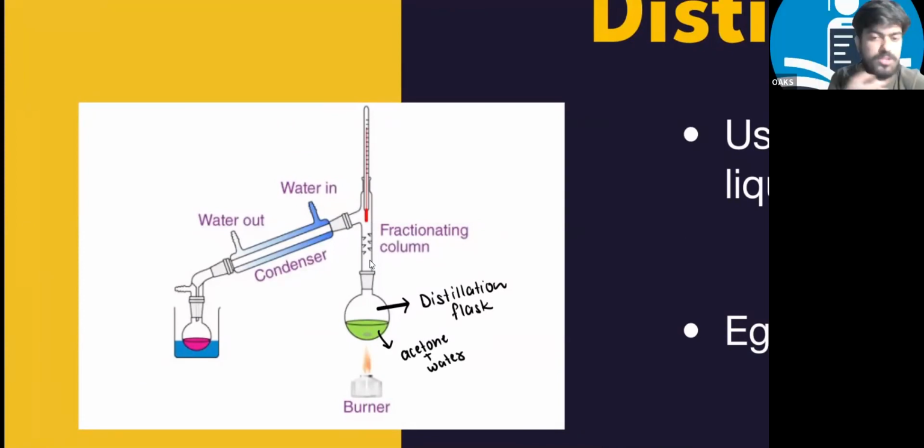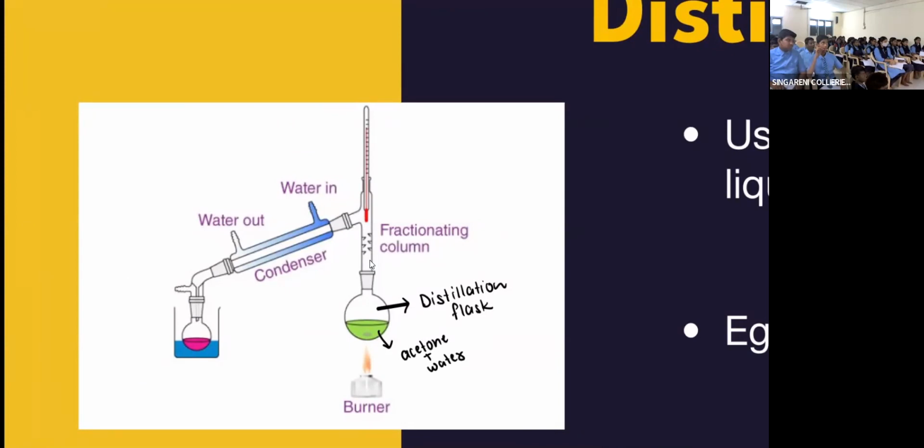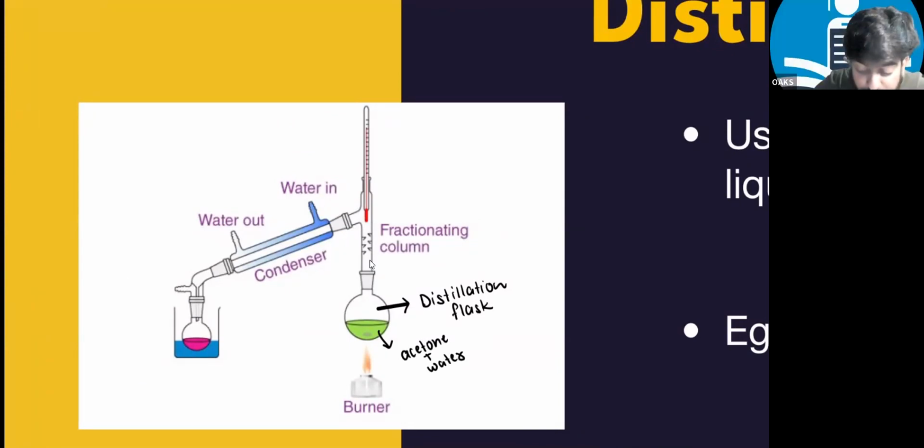And from this mixture, what do we have to separate? We have to separate acetone. Yes or no? Now, what is the boiling point of acetone? 56 degrees, right? That means as soon as the temperature reaches 56 degrees, water will remain as such, but the acetone will start vaporizing. Yes or no?